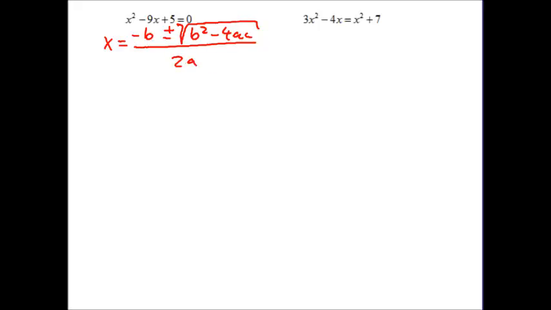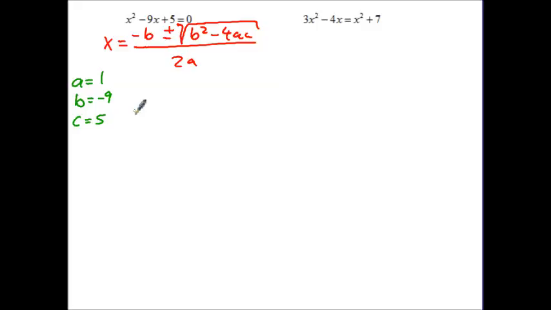In our first example, we have a is equal to 1, b is equal to negative 9, and c is equal to 5. Always get started by writing down the numbers for a, b, and c, so you don't get confused as you put them into this formula, which does look a little involved.